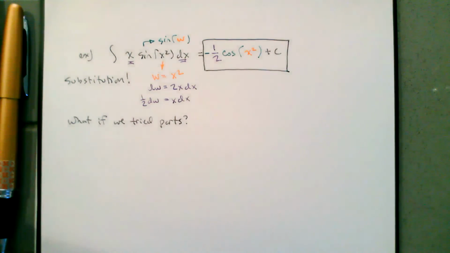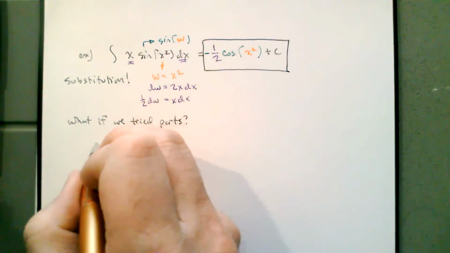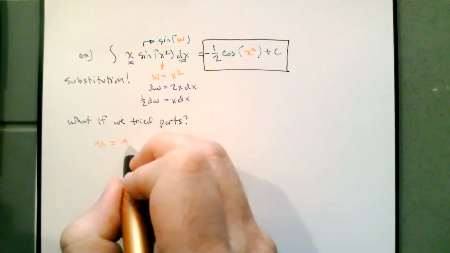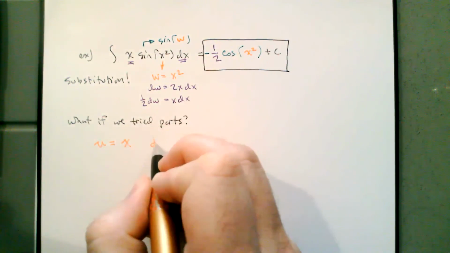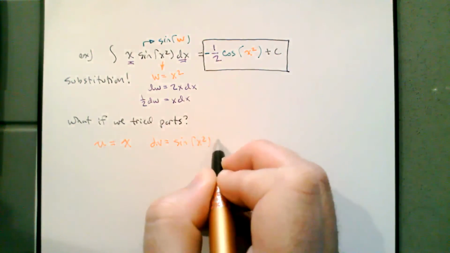Let's suppose that our first protocol, checking for substitution first, failed. Now we're on to the second line of defense. So u is going to be, we'll just do this like last time, u is x, and I'll make dv equal to sine of x squared dx.